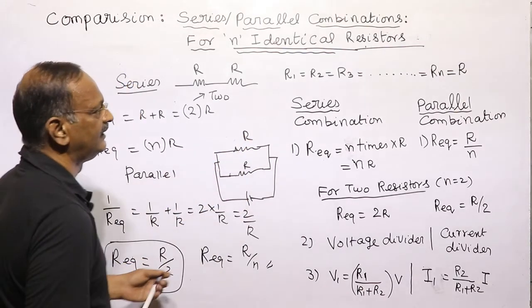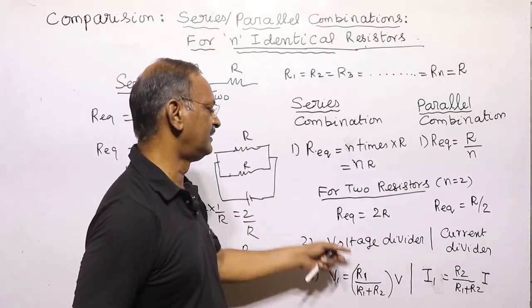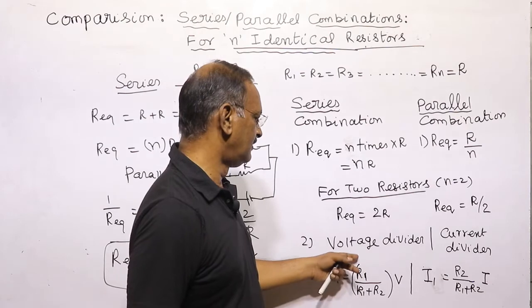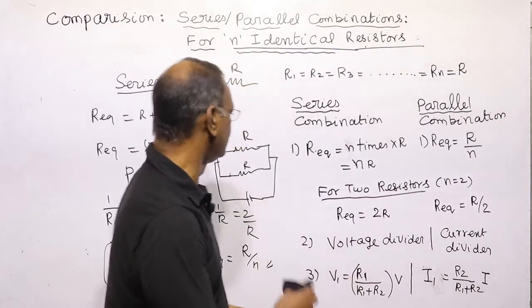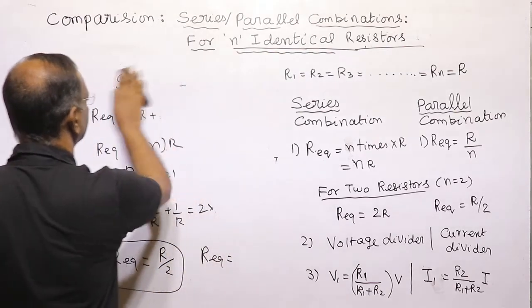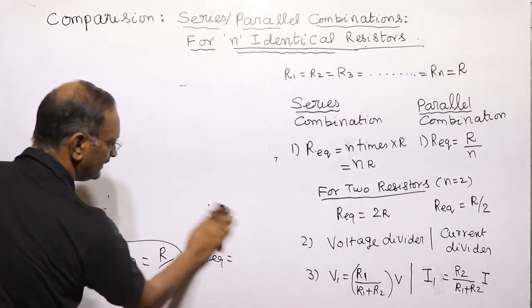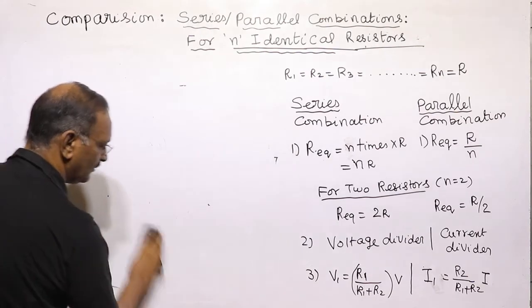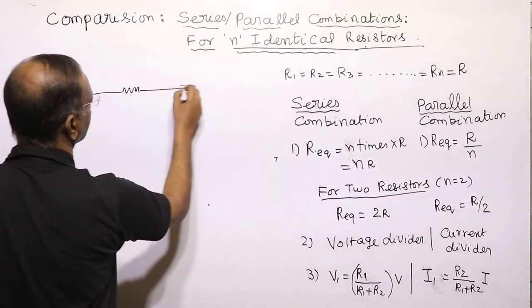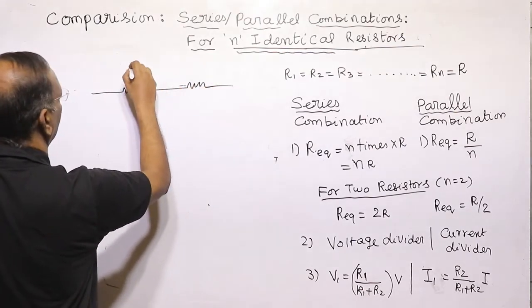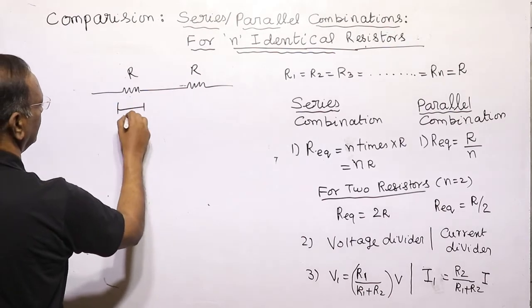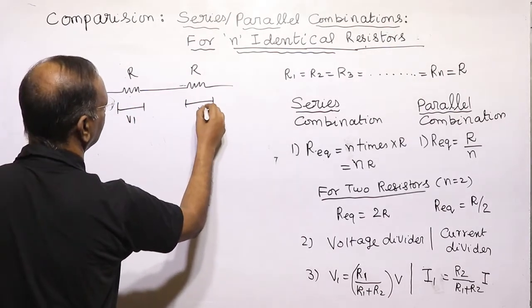Now voltage here, the series combination is a voltage divider and parallel combination is a current divider. So voltage divider V1 is equal to, suppose for two resistors, if you take two resistors in series first. Since it is a voltage divider, that is for series, this is 1, this is 2, R, this is R. So here is voltage 1, this is voltage 2.